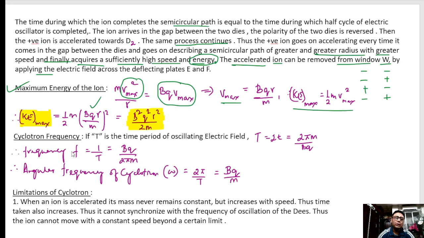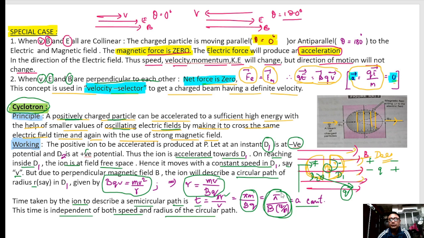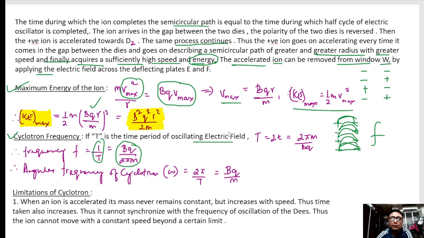Next is, what is the frequency of oscillation of the cyclotron? As I told you, the D's will continue plus minus, plus minus like this. So what is that oscillation frequency? This is 1 by T, and the time period we already found out. So the frequency of oscillation of the electric field, which is making it plus minus, is this.